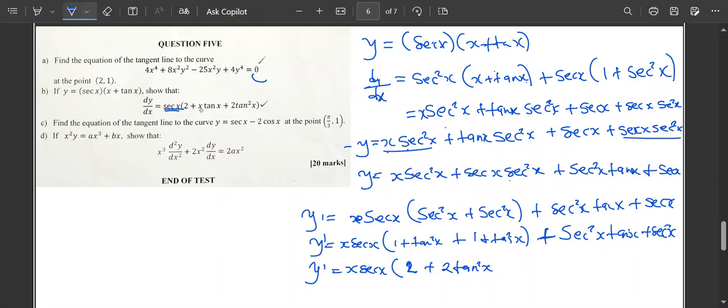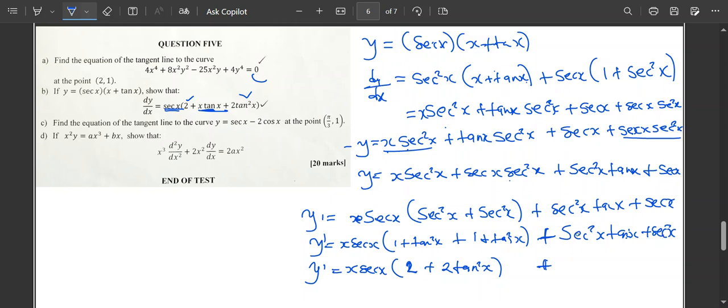So what have we remained with? We have managed to achieve this. The only thing remaining is, where is x tan x? So let me do something here. I know this is sec x, this is tan x, and this is plus sec x.